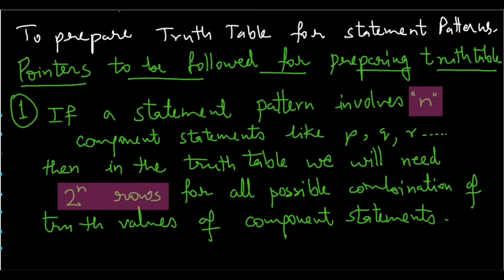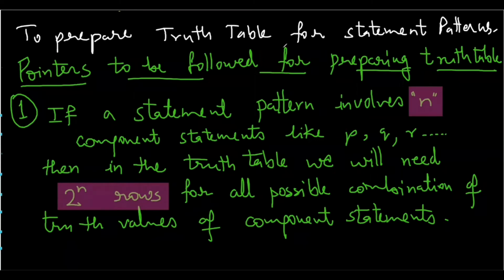It is because P, Q, R, all these component statements have only 2 truth values. Each one of them will either be true or it will be false. So since there are only 2 truth values that they can have, we are going to have 2 raised to n rows for covering all possible different combinations of the truth values of component statements.